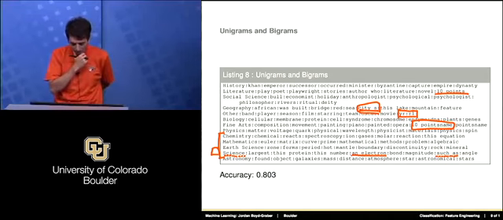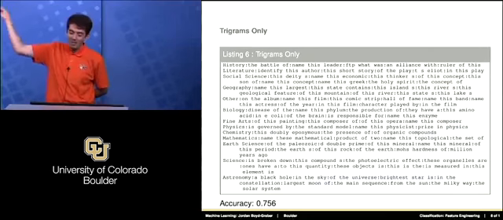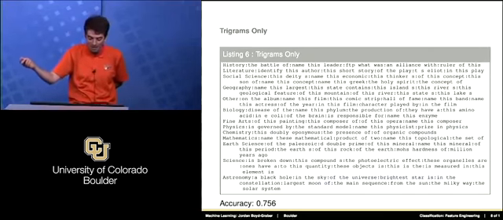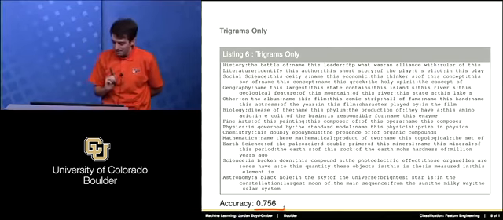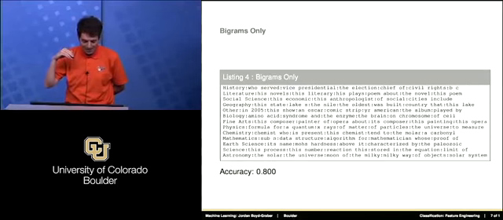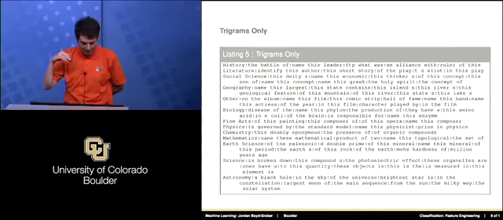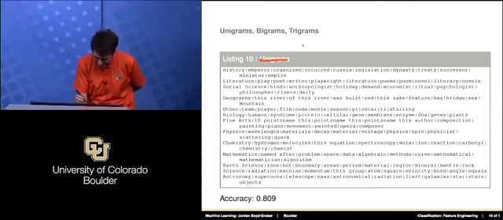Okay, so the other thing that we can do is we can keep going further, and we can add in trigrams. And so notice that if you just do trigrams by themselves, the accuracy goes down. So if you add in everything up to trigrams, right, so this is actually mislabeled. This is this.